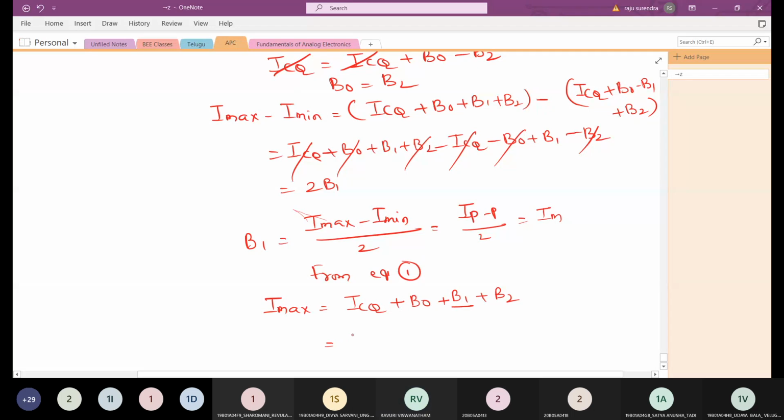Understood? Then ICQ plus B0 plus B1, which is I max minus I minimum by 2, plus B2.